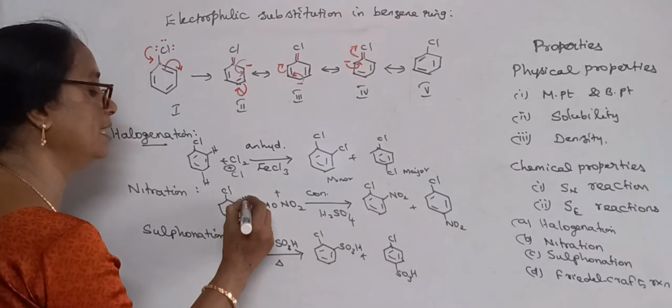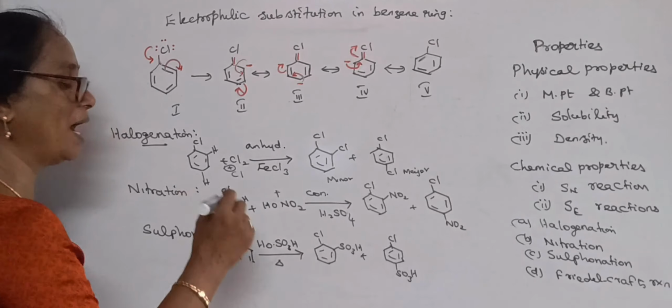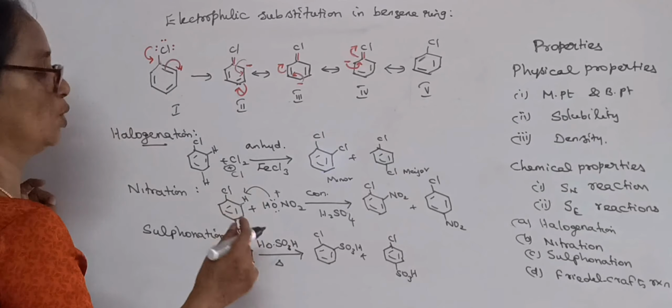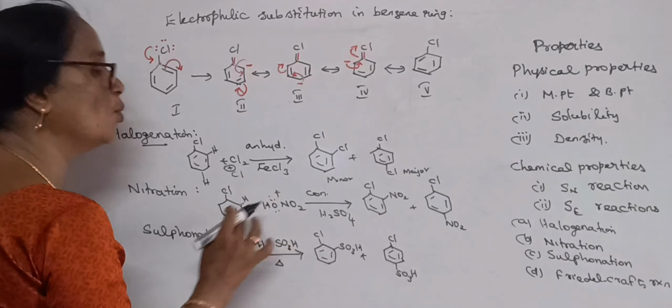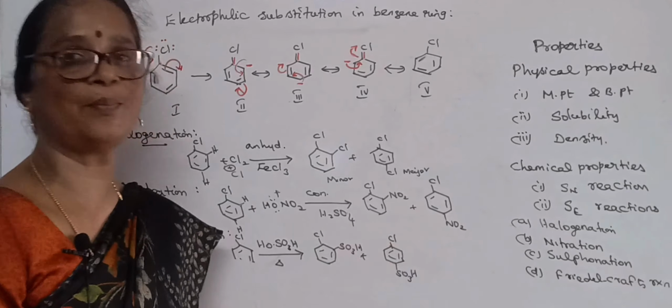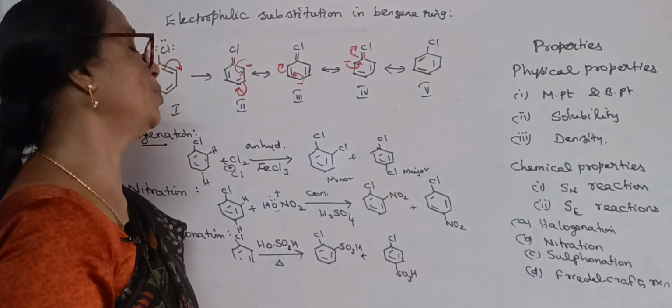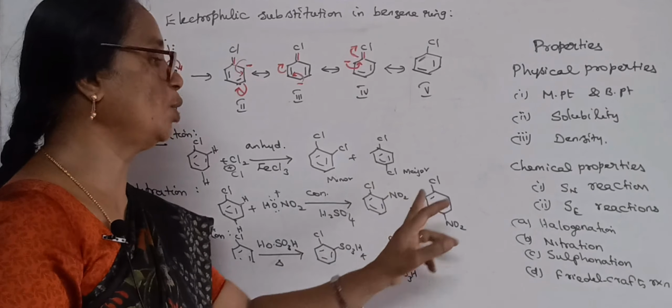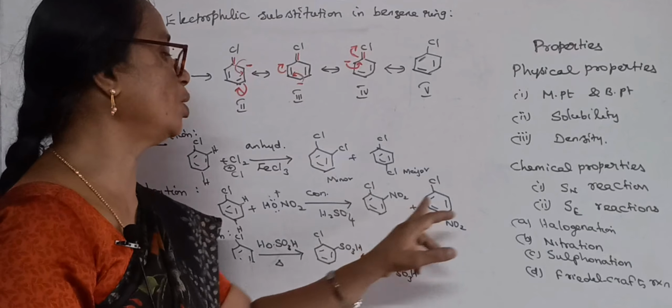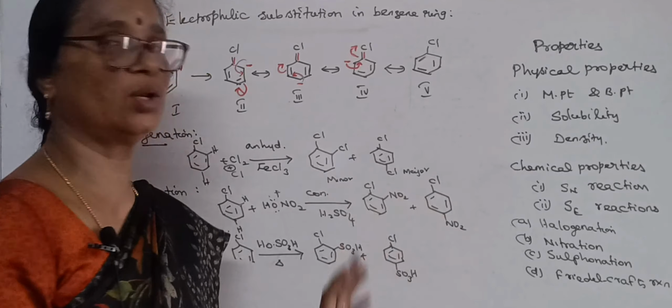The hydrogen atom at the ortho or para position is attracted by the OH group, forming a water molecule, and NO2+ attacks the ortho position or the para position. So we get the products ortho-chloronitrobenzene and para-chloronitrobenzene, or 2-chloronitrobenzene and 4-chloronitrobenzene.